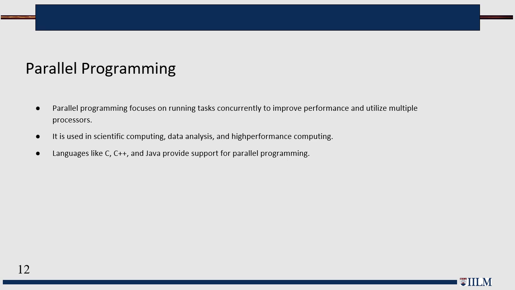In computer science, we say it is the process of splitting a problem into smaller tasks that can be executed at the same time in parallel using multiple computing resources.